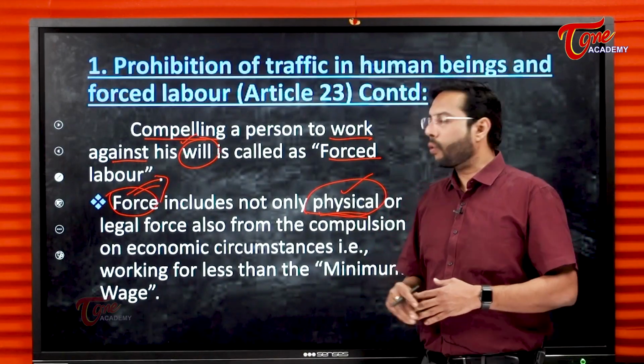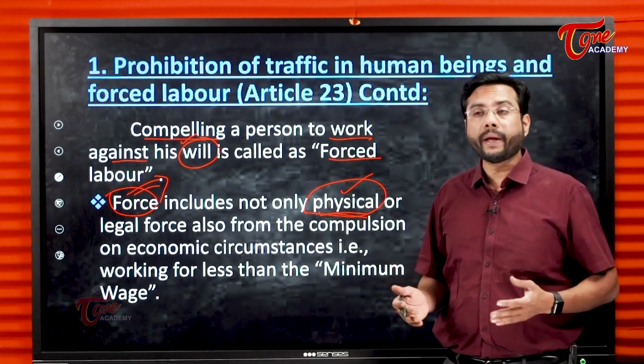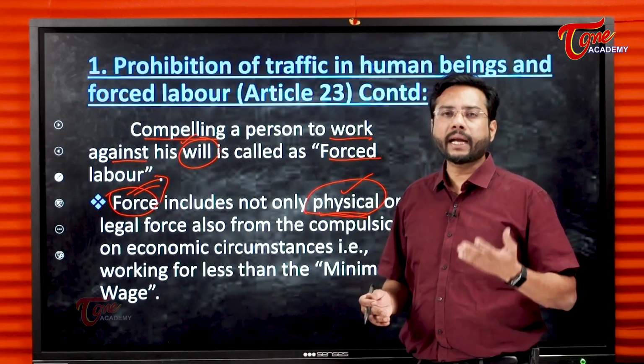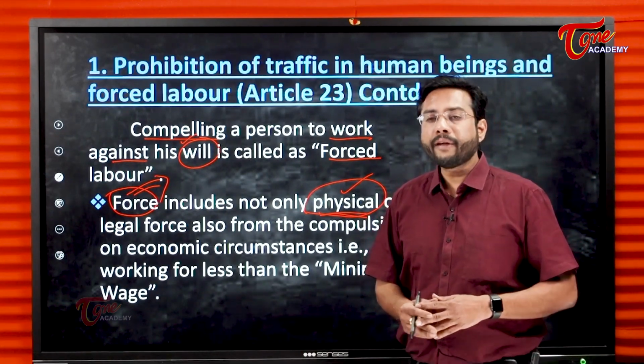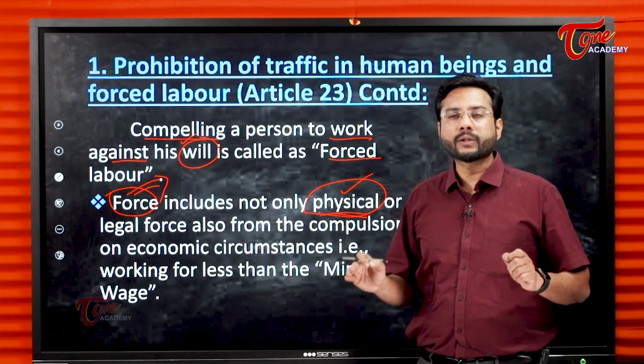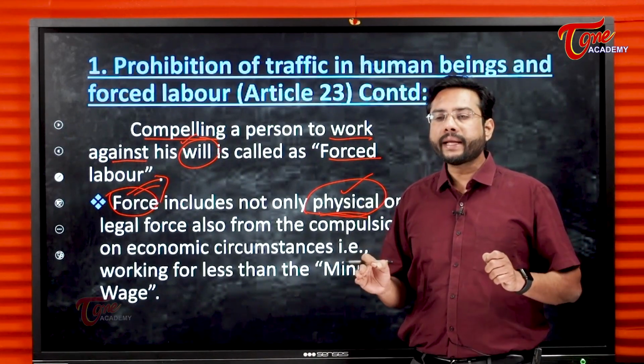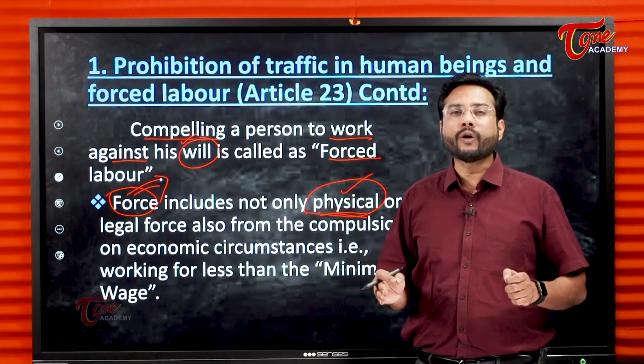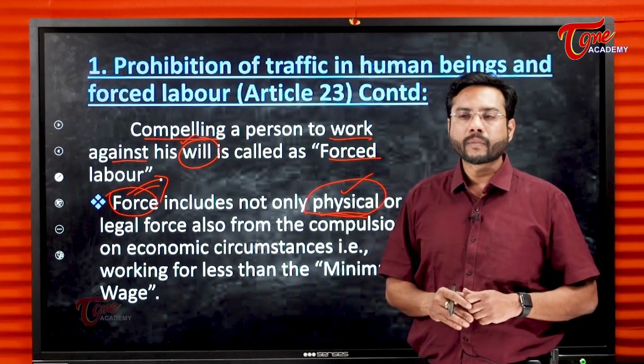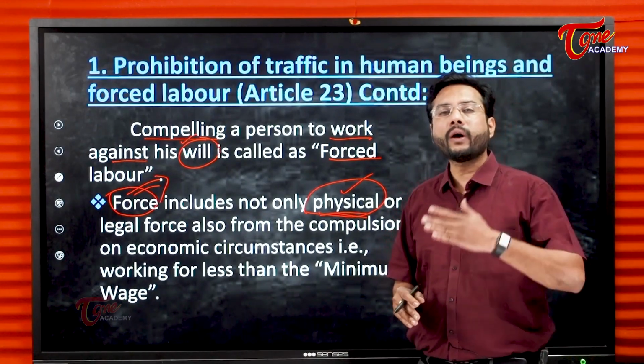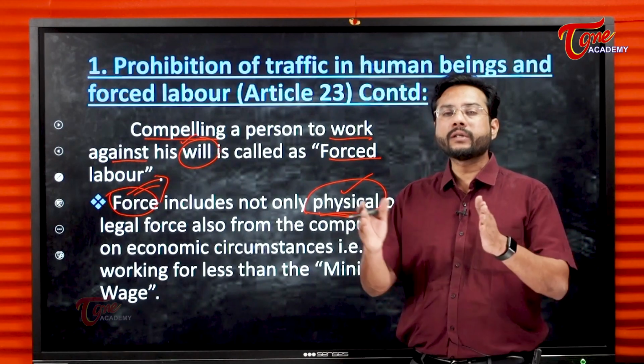When we say forced labor, it may also be in various public sector and private sector companies. Even multinational companies of today are making their employees work forcefully. They are working beyond the work limit.